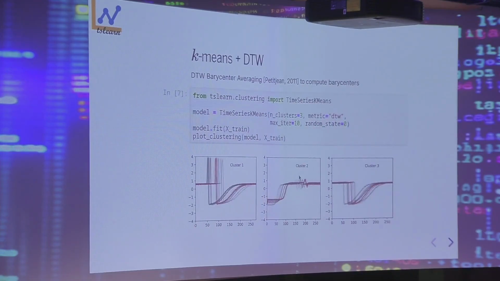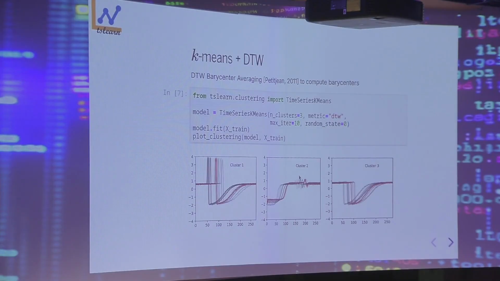So what happens when you use these metrics inside the standard k-means algorithm from tslearn? Then you get this kind of clustering, which is, in my point of view, better, but still I don't have much experience.